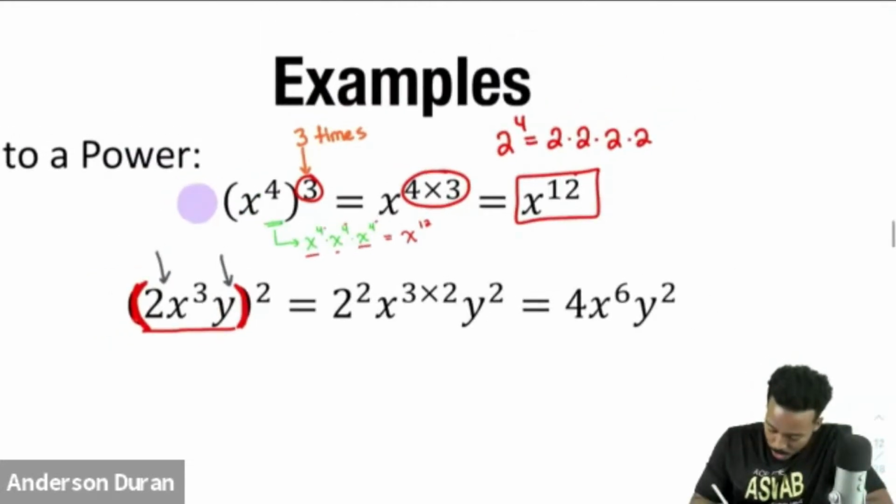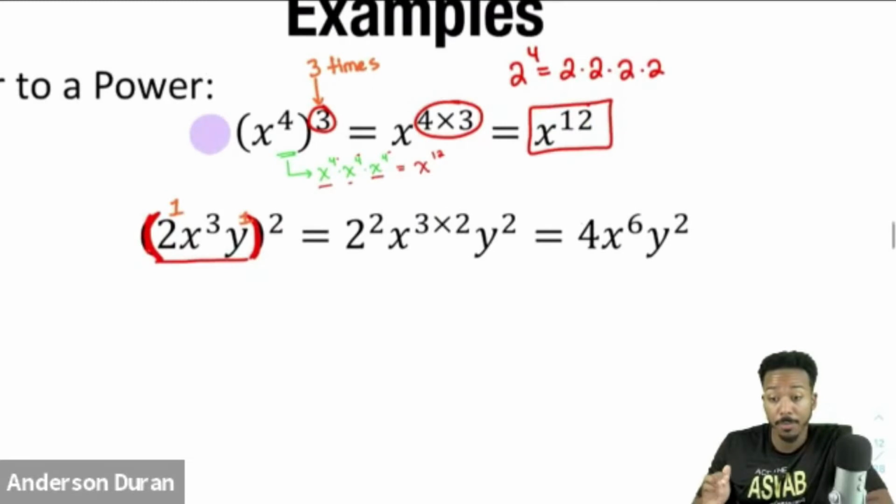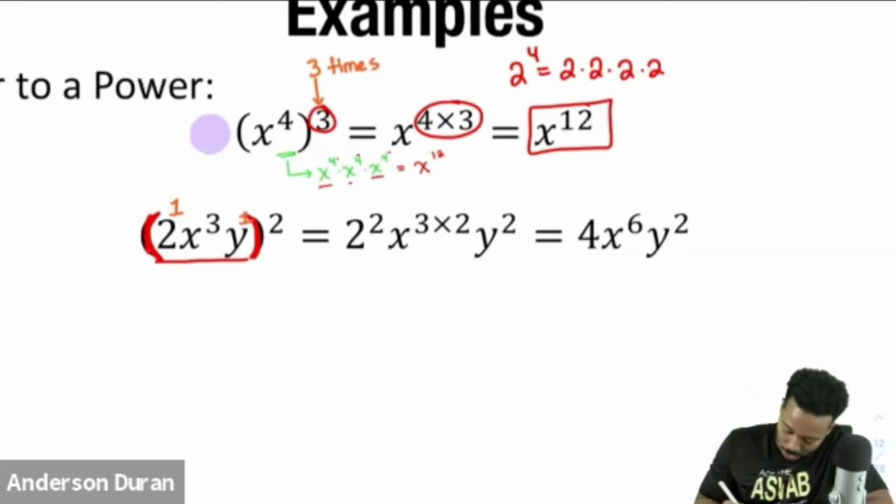So let me just erase this and make it an orange. And so let me write this down here. Look, if you don't see an exponent on a number or a variable or whatever, the exponent is always 1. So write that down.